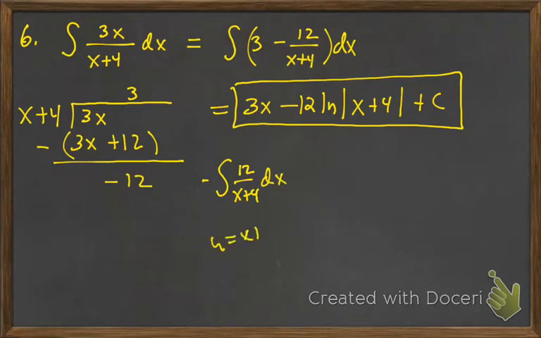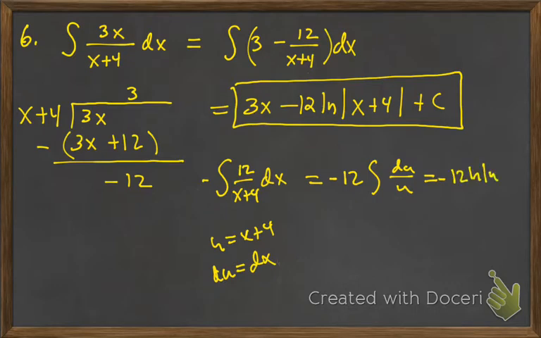U is x plus 4, and then du would be equal to dx. We could slide out the 12, and we would be looking at du over u, and we integrated that a little while ago on one of the previous examples, and that was going to be ln absolute value of u plus c.